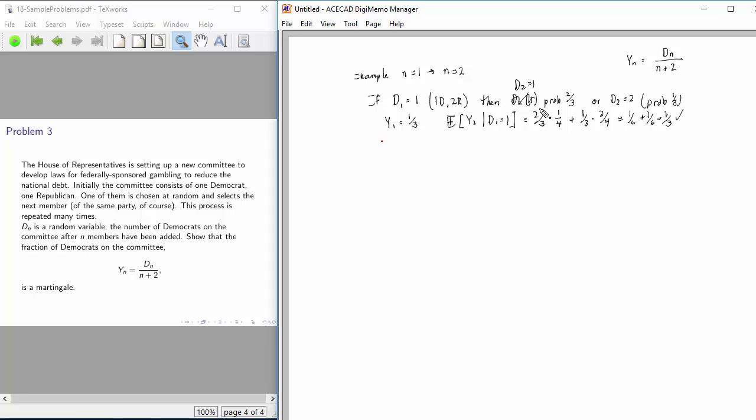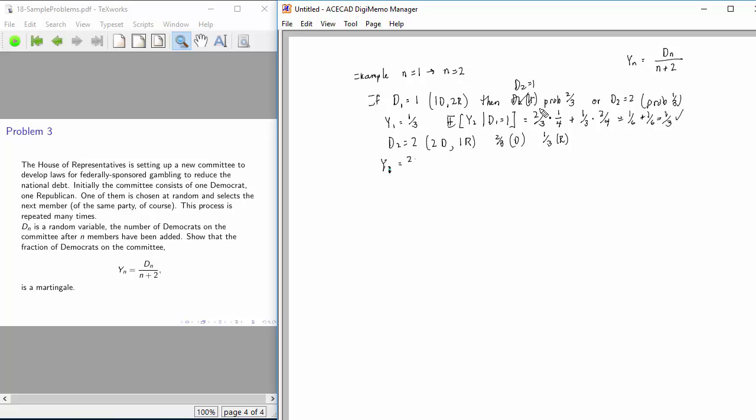The other possibility is D1 equals 2. That means we've got 2 Democrats and 1 Republican. In that case, we've got a probability of 2/3 for a new Democratic member, 1/3 for a new Republican member. And we do the martingale check.